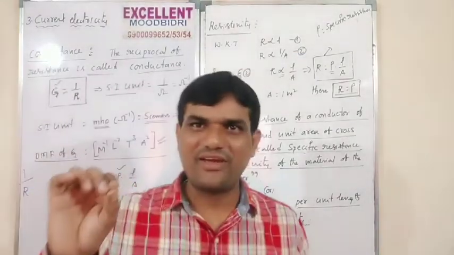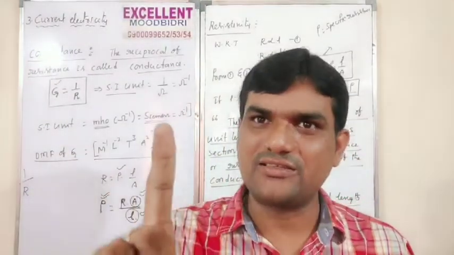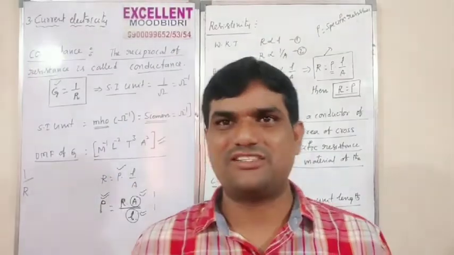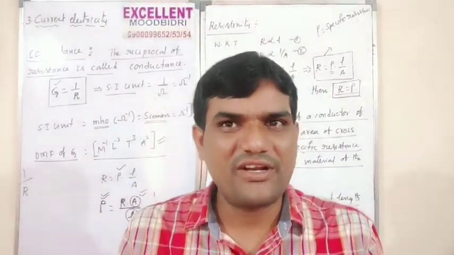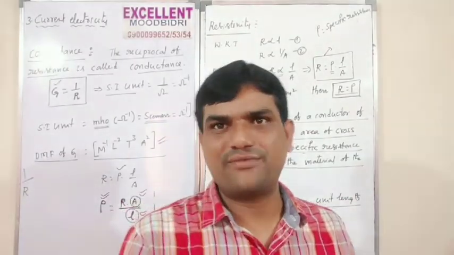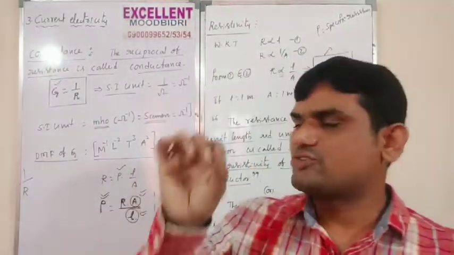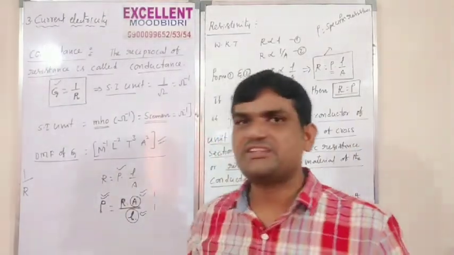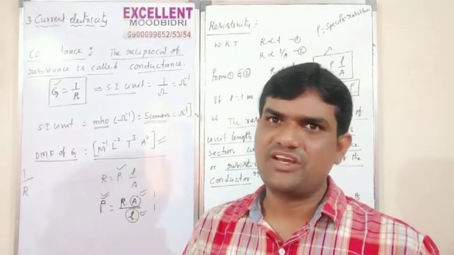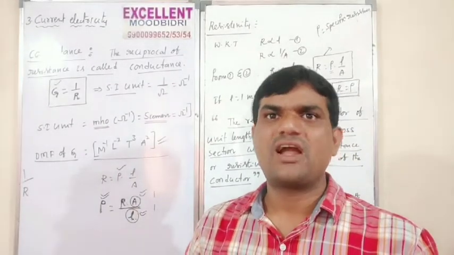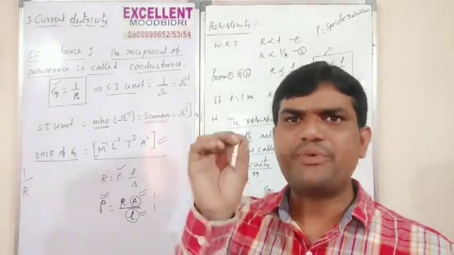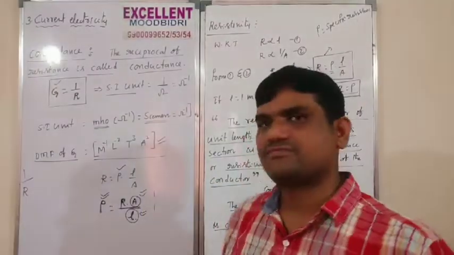Resistivity is defined for 1 unit length and 1 unit area of cross section. That is why resistivity depends only on the nature of the material and the temperature of the conductor. It is independent of its dimensions.